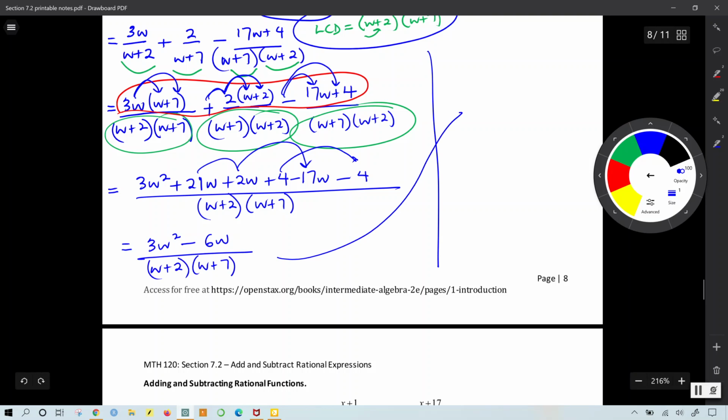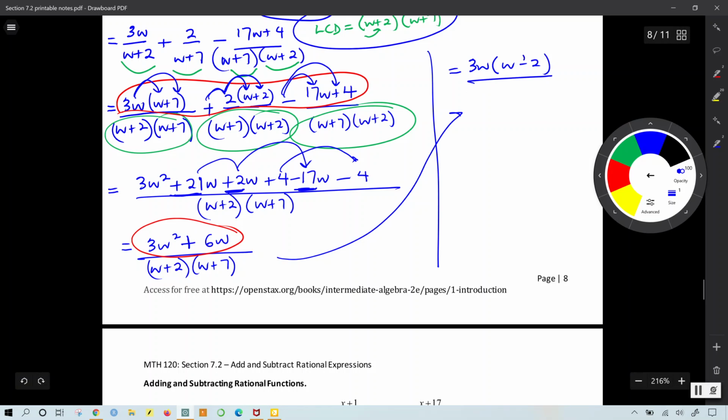And then we proceed. On the top, what we observe is that they both have common factors. So we have 3w, and earlier we did 21 plus 2, that's 23, 23 minus 17 is plus 6. Apologize for that.